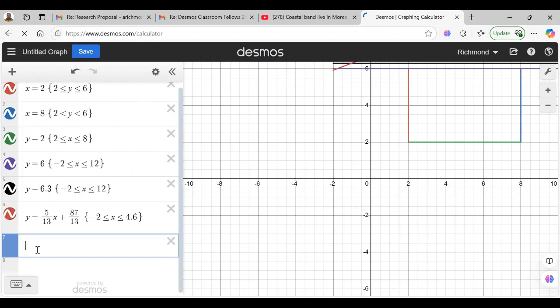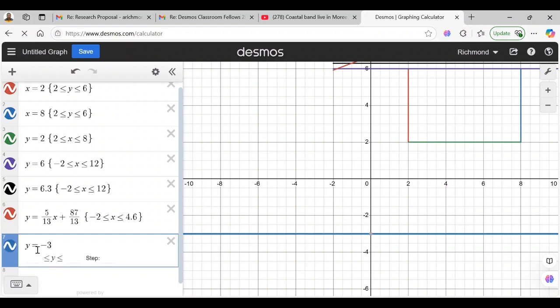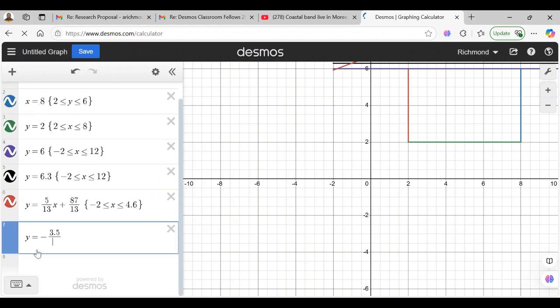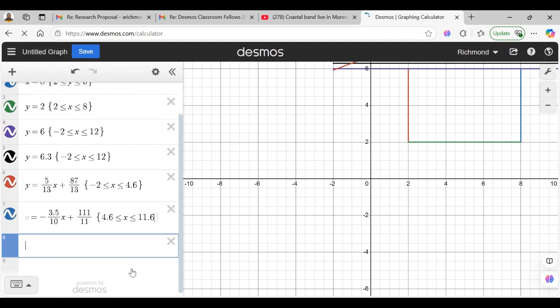I also have another equation of the form y equals negative 3.5 on 10 x plus 111 on 11, for the boundary conditions 4.6 less than or equal to x less than or equal to, let's say, 11.6. Okay, so with this, let's see what you have drawn so far.